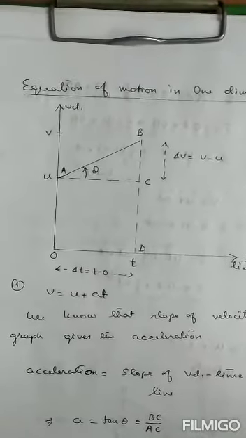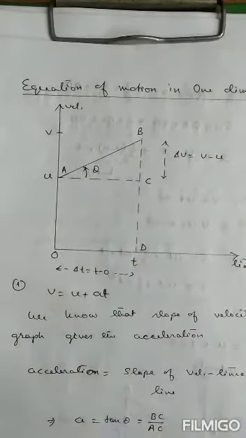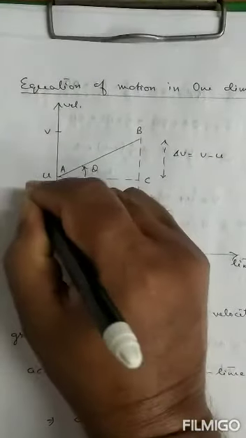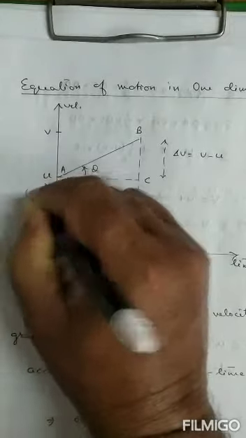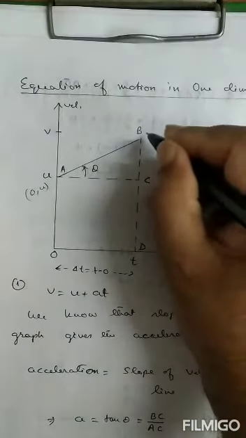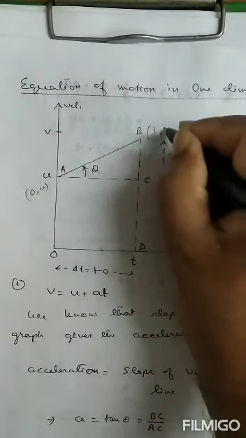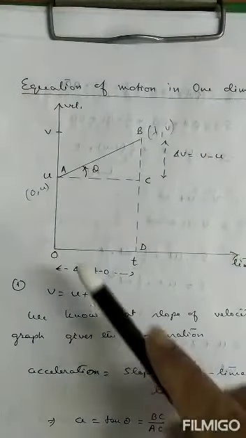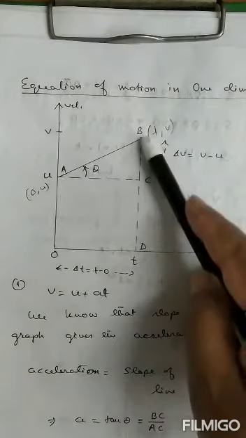And the coordinate of B is (t, v). That means after time t, this is the velocity.